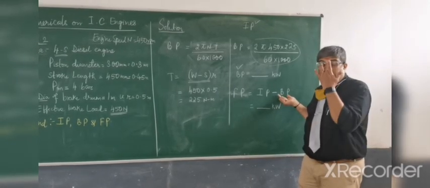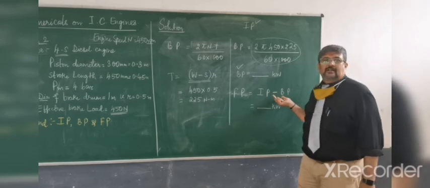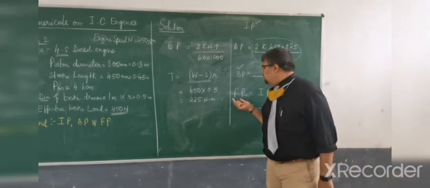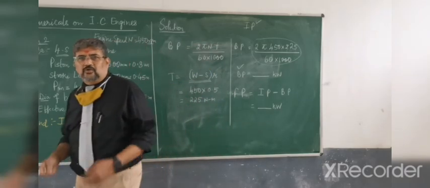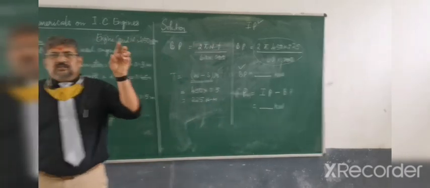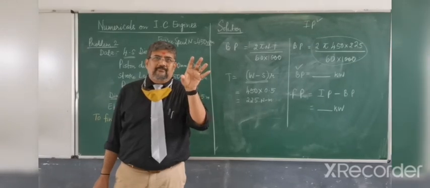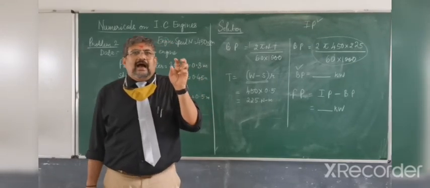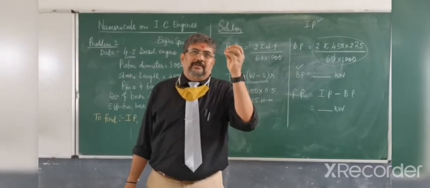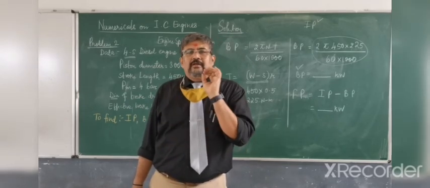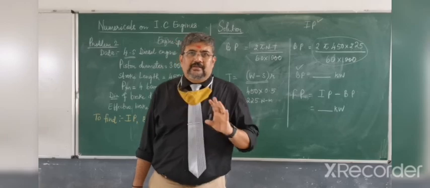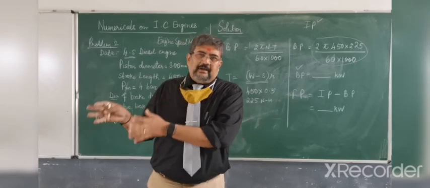And if the brake power is low, that means there are a lot of losses. So we don't want too many losses because of either friction or inertia and so on. Whatever power is generated inside the cylinder, which is the indicated power, as much as possible has to be transmitted to the crankshaft, which is the brake power. So friction losses have to be minimized. This is in practical terms.